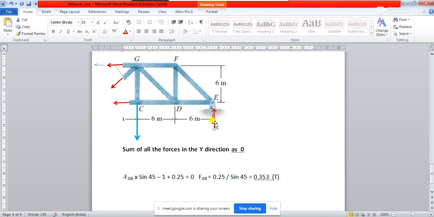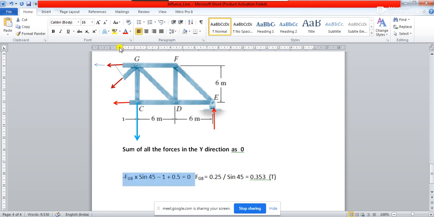And what will be this? Is it going to remain 0.25? No, what will be the value? 0.5. Yes, very good. So this is 0.5. This will be the changed equation for the equilibrium when the load is moving to C.